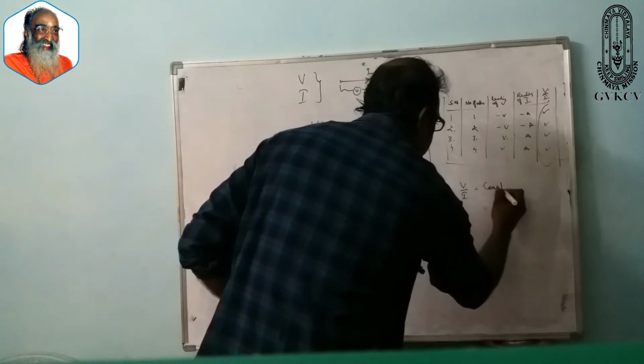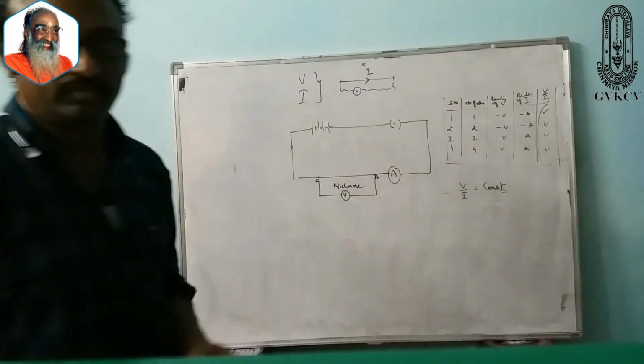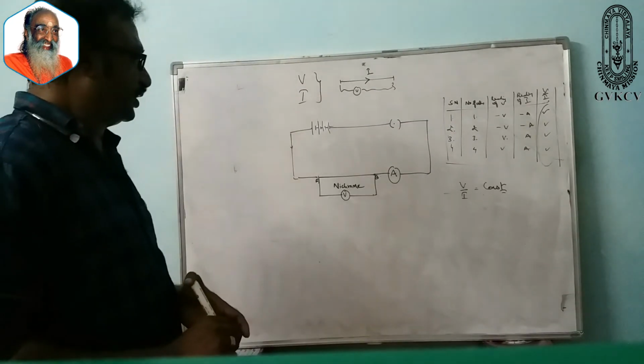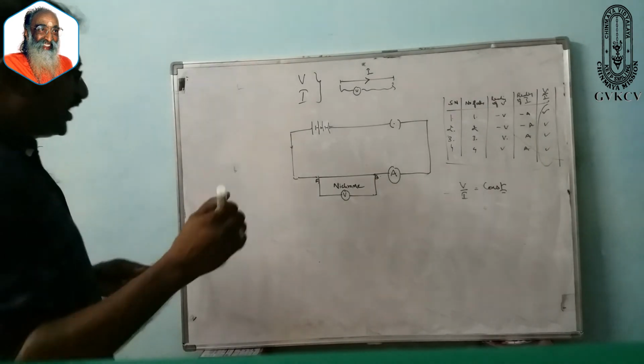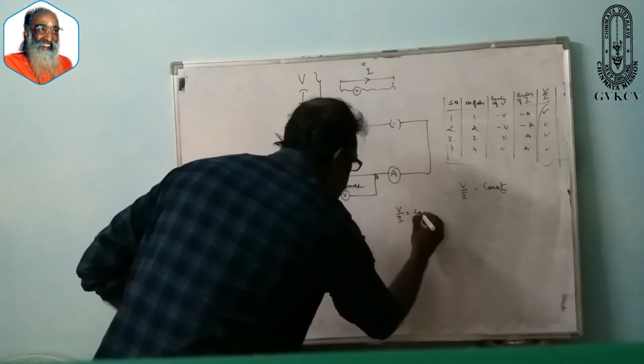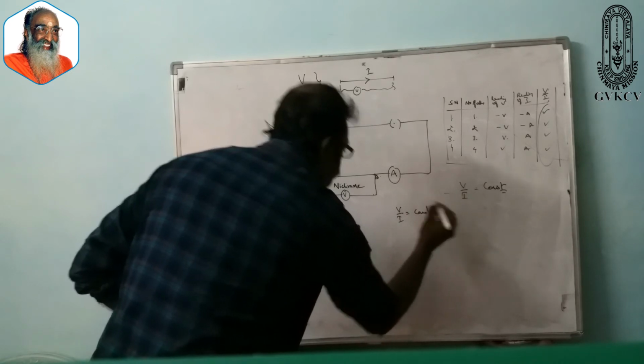That means we will be observing a constant value. So from this we observe that the value of V by I is constant.